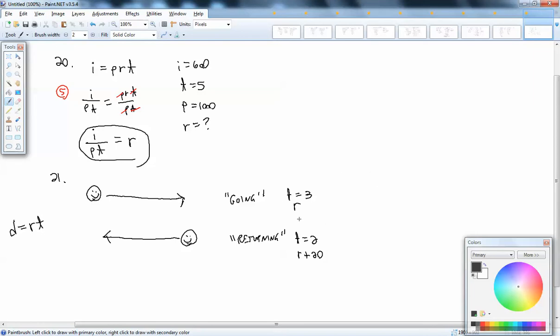Okay, now a very important concept here is that this distance is equal to this distance. So the distance going is going to equal the distance of returning.